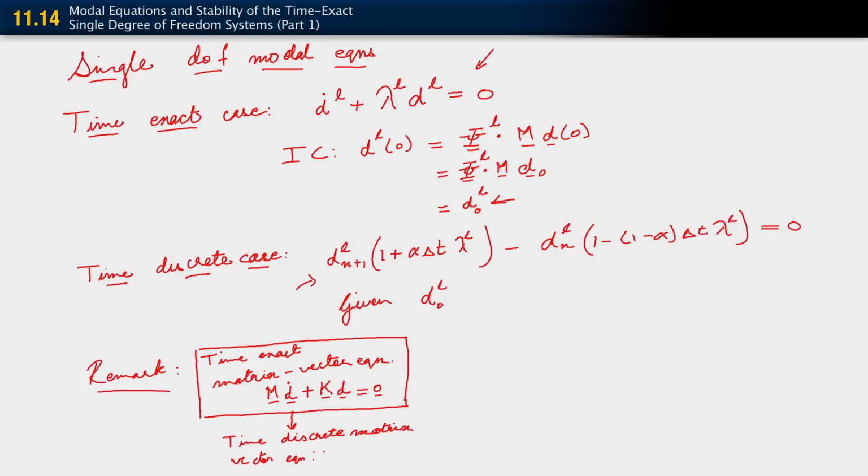Right, and this is the following: m times d at n plus 1 minus d at n, okay, divided by delta t, right, plus k d at n plus alpha, right, equals 0.